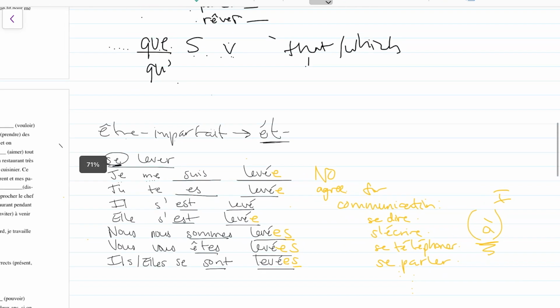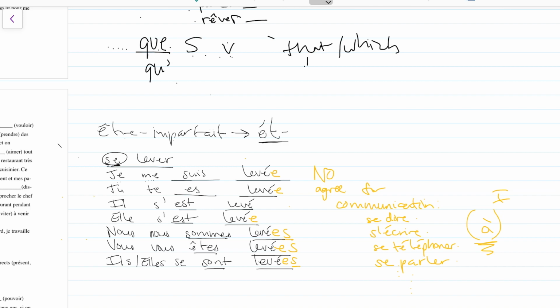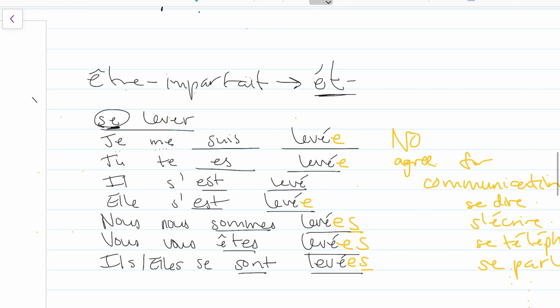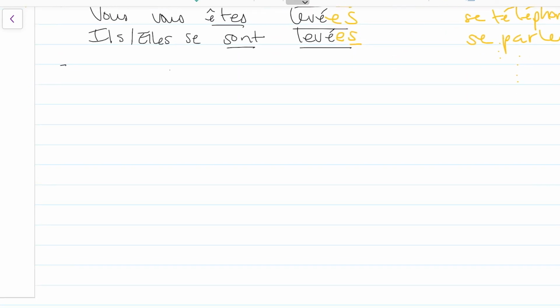Okay. The only other place where you might have agreement is if you have avoir, but you have a direct object pronoun. So let's say that my verb was regarder. In the passé composé, I have j'ai regardé.